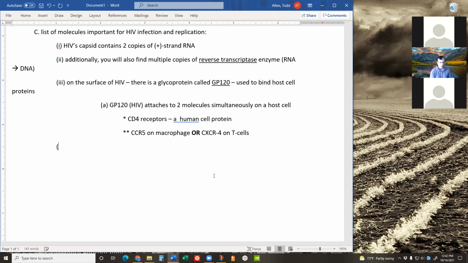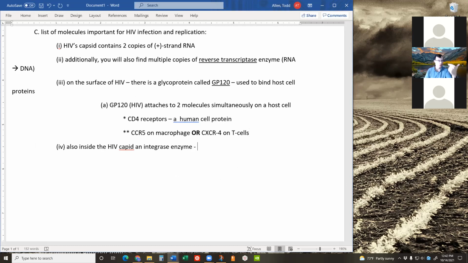Couple more molecules I need to tell you about here. Also inside the HIV capsid is an integrase enzyme. The purpose of the integrase enzyme is to insert a DNA copy of HIV into our human DNA.